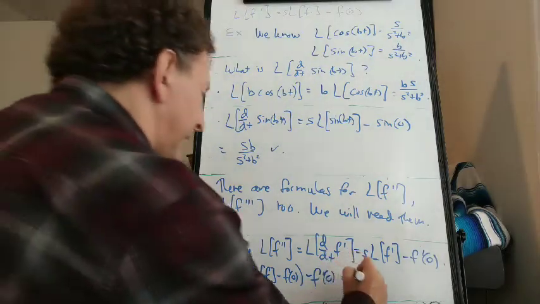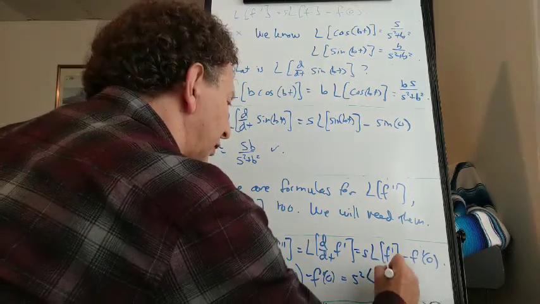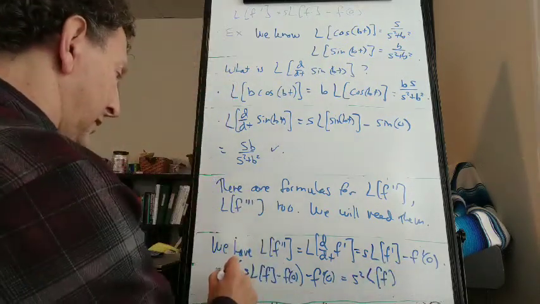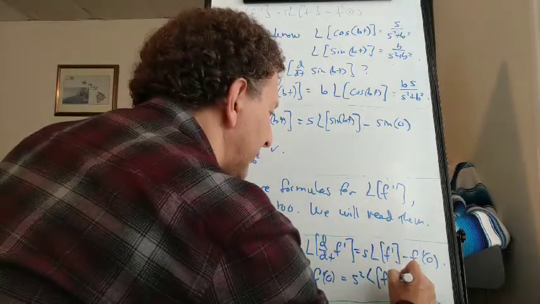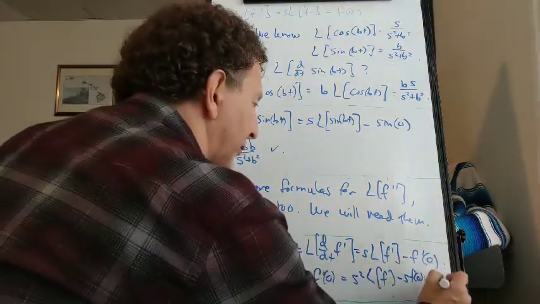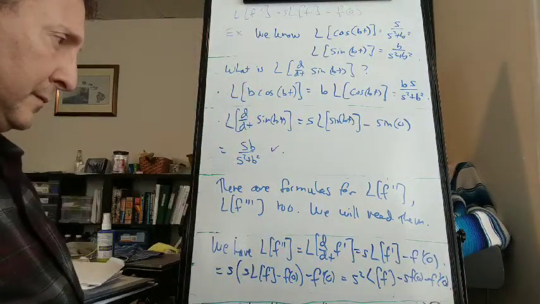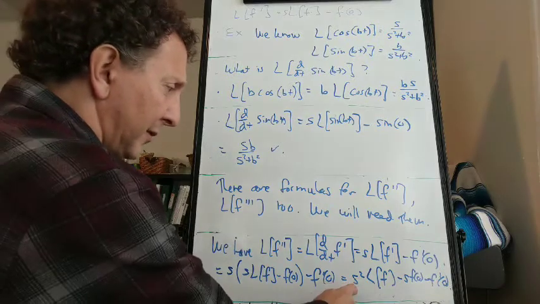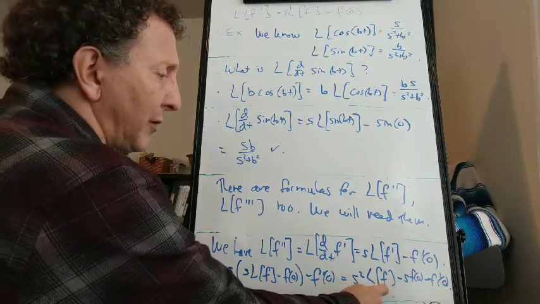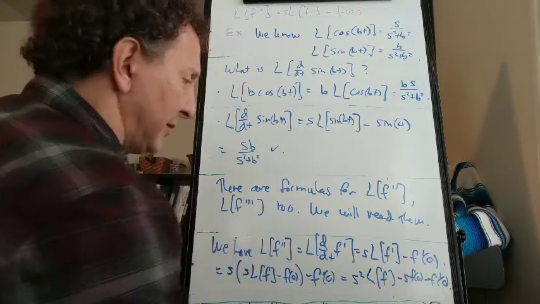So we get s squared Laplace transform of f minus s times f of 0 minus f prime of 0. So we've got three terms.